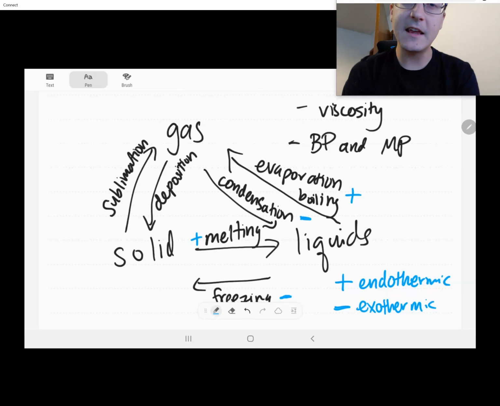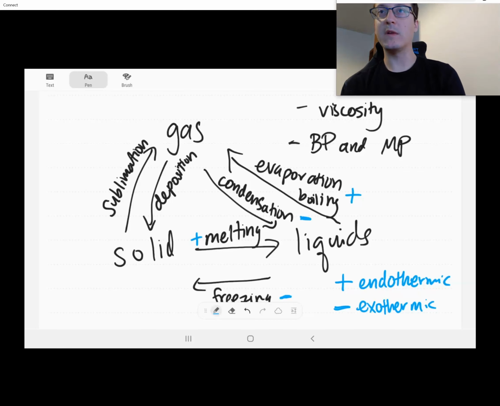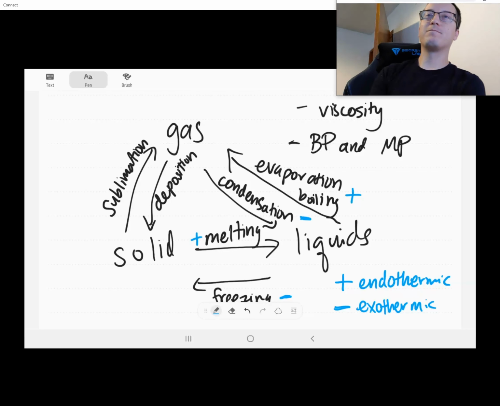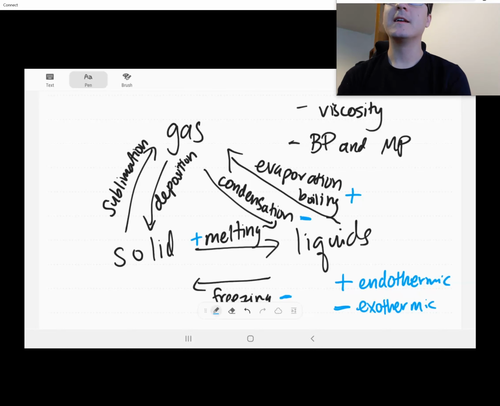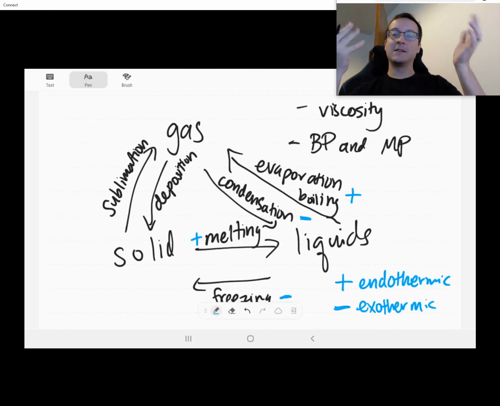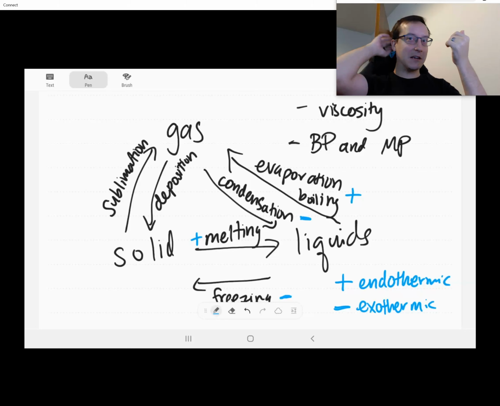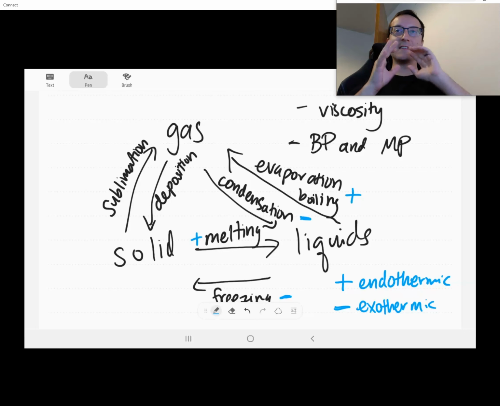And now, let's take a guess about sublimation and deposition. Which one of these do we think is going to be endothermic? Would that be solid to gas or gas to solid? So we have a half and half response here. Let's think about the intermolecular forces for a second. We know gases pretty much have none. Gases have basically no intermolecular forces, right? They're all broken.